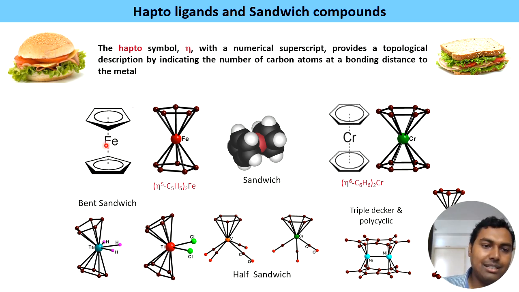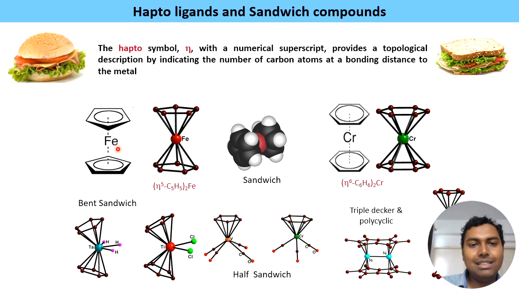This is a very famous compound known as ferrocene. Here we have two ligands: one cyclopentadienyl at the top, and the second cyclopentadienyl at the bottom. Each cyclopentadienyl is -1 charge, and so the iron is in the +2 oxidation state. So iron is Fe(II), that is a d6 system.